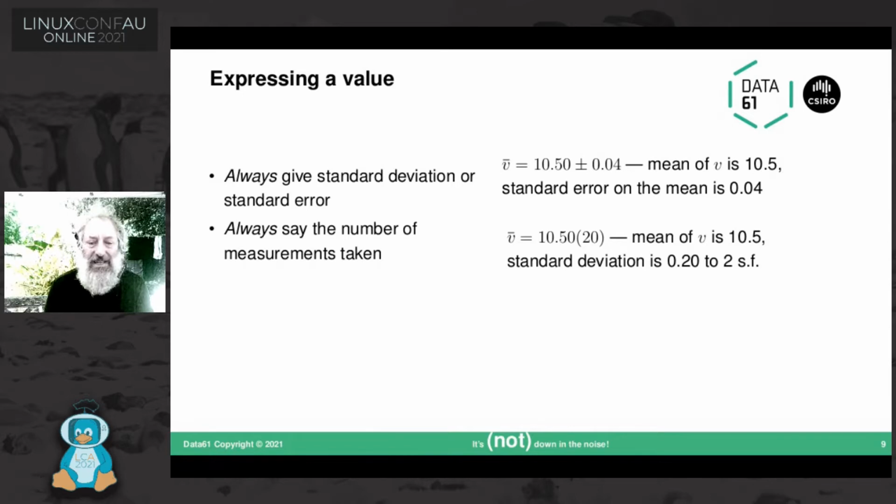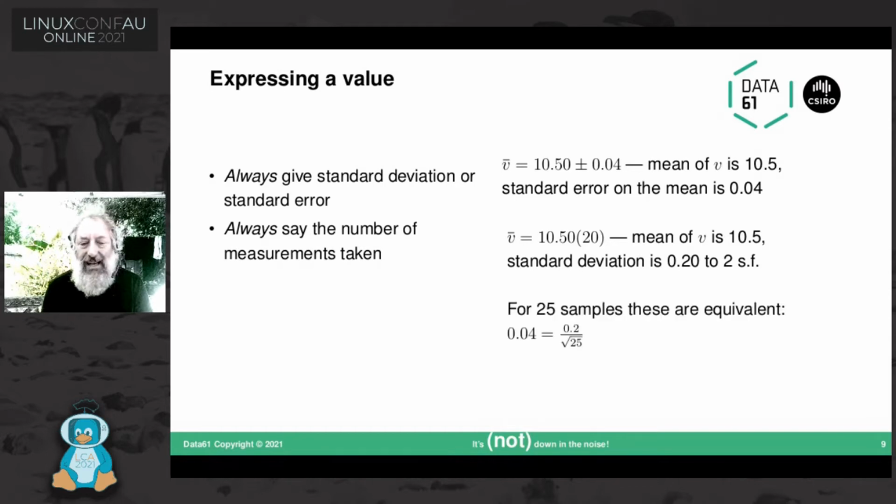So in this case, we've got 10.50, that's 2 decimal places, and the 20 corresponds to the two rightmost significant figures of the mean. So the mean here is 10.5, and the standard deviation is 0.20 to two significant figures. If you've got exactly 25 samples, these are equivalent, because 0.2 divided by the square root of 25 is 0.04.